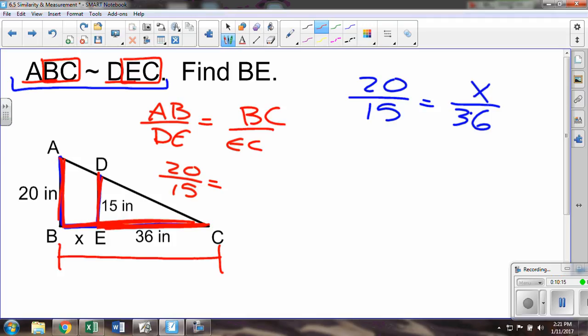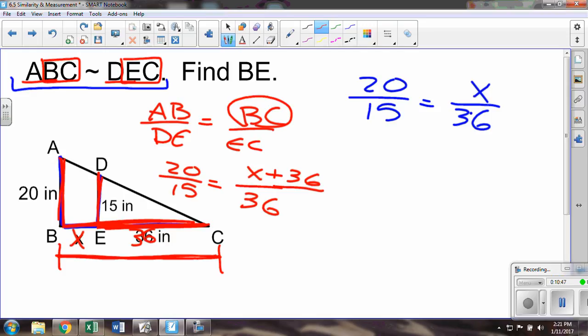And so when we set up this proportion, using just X is not including the full length of BC like we're supposed to. Instead, when we look at this full length, you are supposed to recognize that it's the X length and the 36 length combined. That length is X plus 36, not just X by itself.